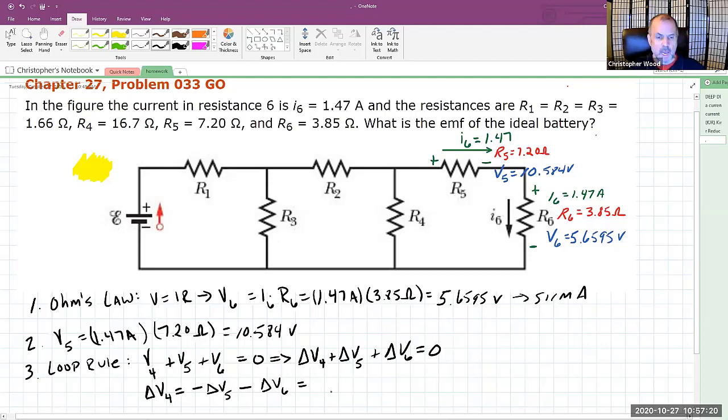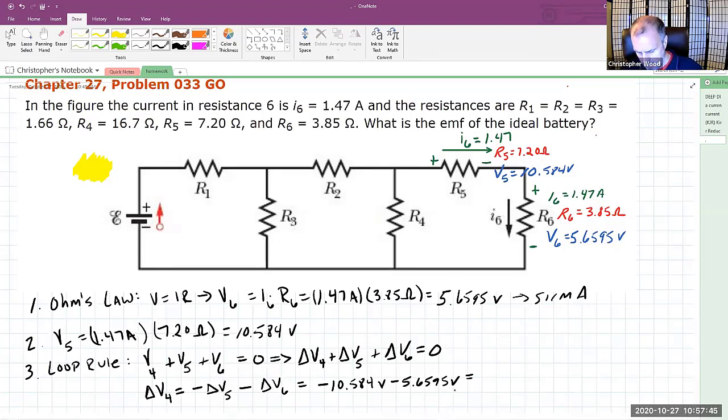With numbers, I have negative 10.584 volts minus 5.6595 volts equals negative 10.584, 5.6595. And I hope you guys are doing this, because that way you'll for sure be able to tell me if I'm making a mistake. Negative 16.2435 volts. And that's great.